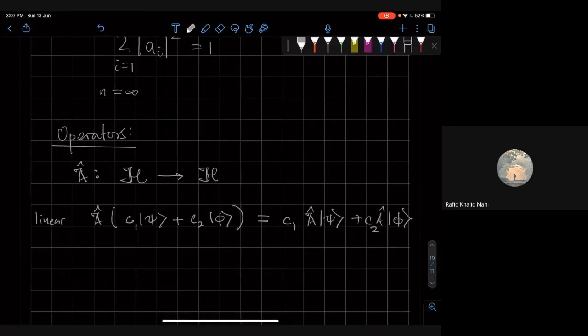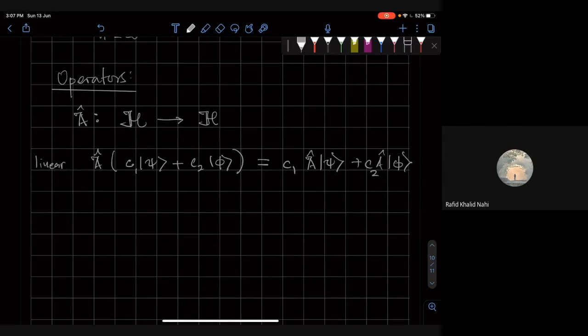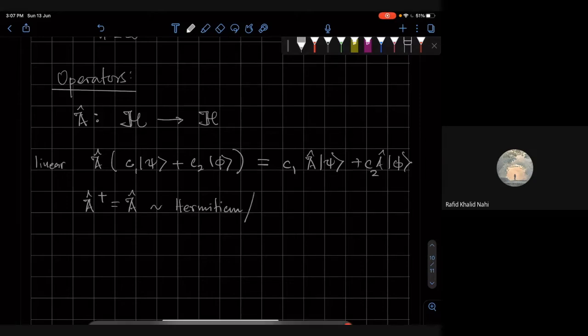So there are many types of operators. In quantum mechanics, the most important operators are those which satisfy a certain condition called hermiticity, or they're called Hermitian operators. A closely related concept is self-adjoint. So we'll mostly be interested in these operators and another type which I will come to.